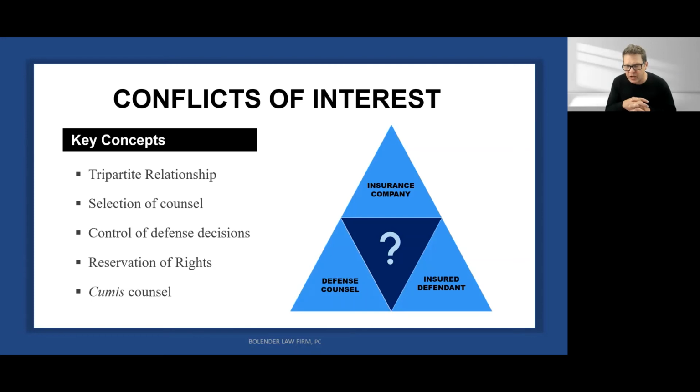But joint representation occasionally gives rise to a conflict of interest on the part of the insurance company's preferred counsel. So let's talk a little bit about the history of this unique and interesting area of law before we move on to the current status of the law in California.